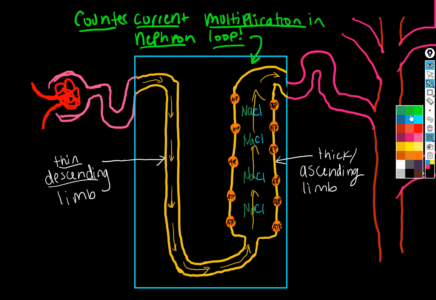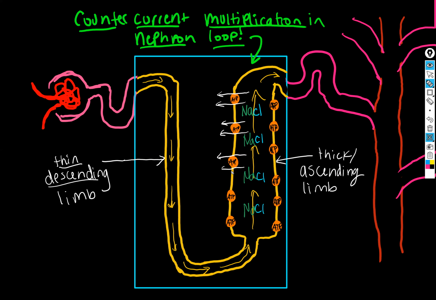And then we're going to just show what this guy does, which is spend ATP to pump sodium and chloride out into the interstitial space. So all of the ones on the right are doing the same thing, but I'm just not going to draw it. And so once we have that happen, of course, the extracellular fluid is mostly water.